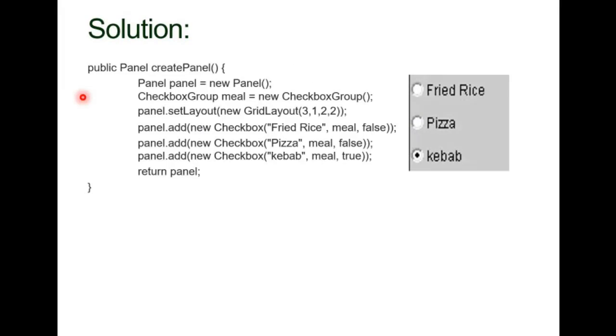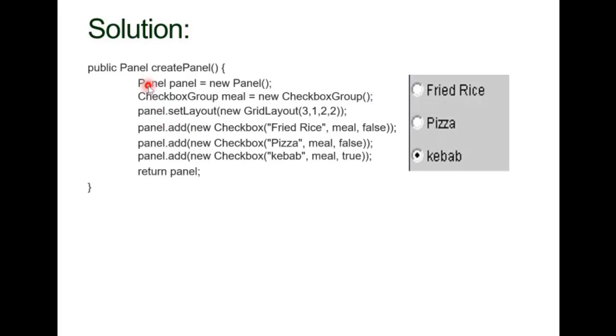We asked to create a function, and the function name is createPanel. Then we create the panel object, new Panel. Then we use the Checkbox because we need to use the radio button, right? CheckboxGroup meal. Remember, meal is the object name, and then new CheckboxGroup.